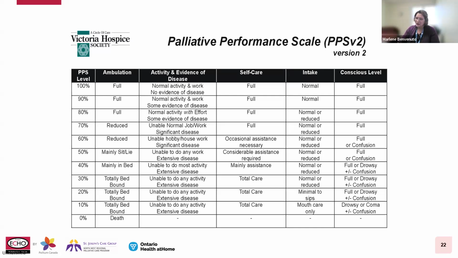So I guess we'll just do a quick review of this. So how the scores are determined is you see the 5 columns plus the PPS levels. So you start with ambulation. That's the strongest determinant of the functional ability scale.